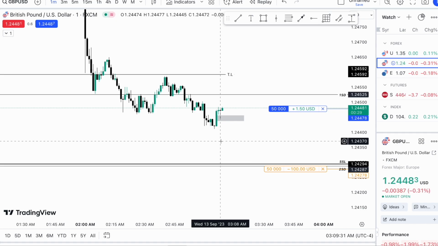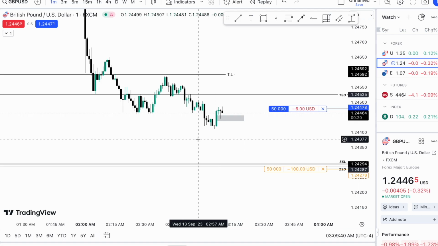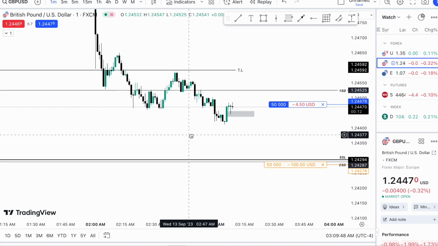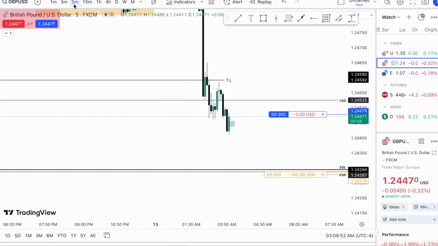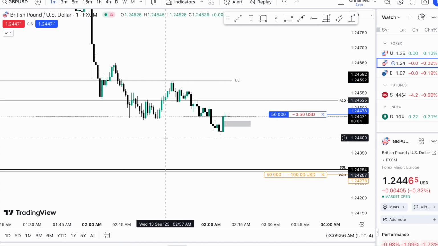I wait after CPI because price would tend to be a little unpredictable for CPI, even though we have an idea of where it wants to reach for. I would definitely be more comfortable taking the entry after CPI.